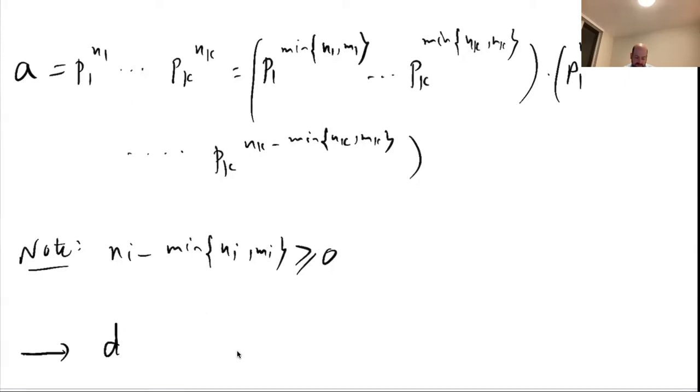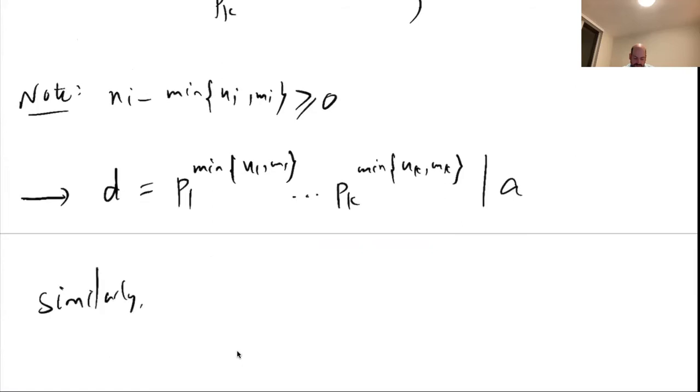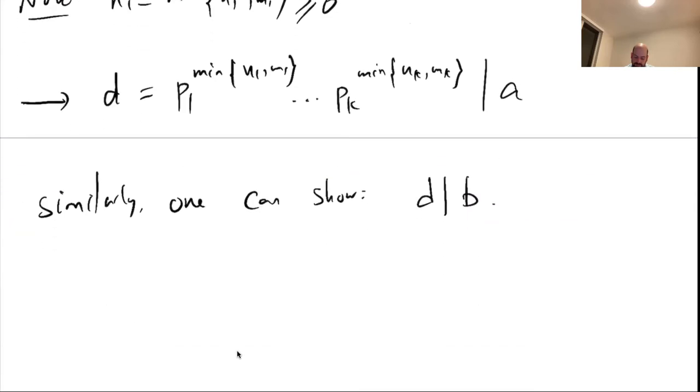D, which I defined as P1 to power minimum N1 M1 times Pk to power minimum Nk Mk, divides A. Similarly, one can show that D divides B. So we showed that D divides both A and B. We showed D is a common divisor of A and B.